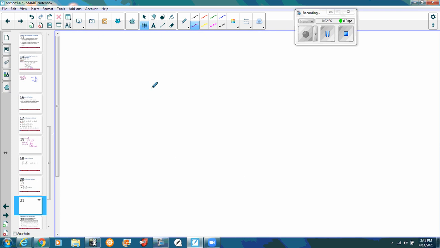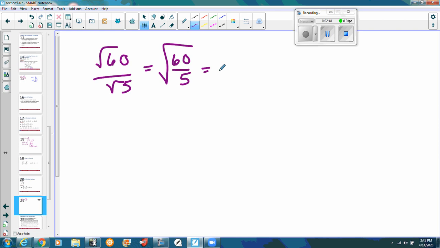So to do another one of those, if I had radical 60 over radical 5, that would be the same thing. Because they're both radicals, I can put them together, get radical 12, because 60 divided by 5 is 12, simplified to radical 4, radical 3, which would be 2 radical 3.